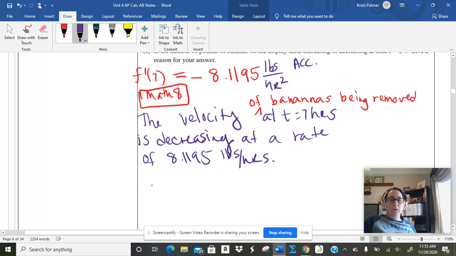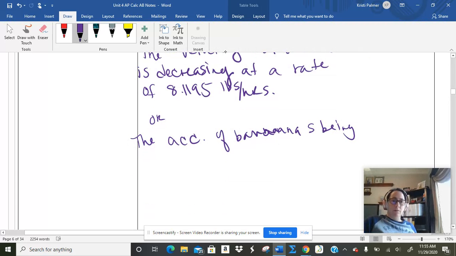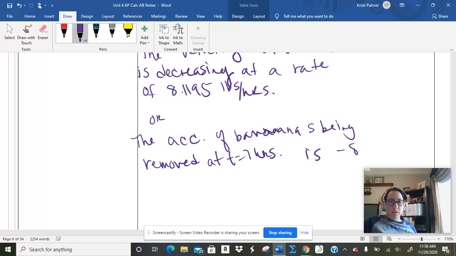Okay, or you could have said the acceleration of bananas. Dang it, I did it again. B-A-N-A-N-A-N-N-A. Of bananas being removed at t equals 7 hours is that guy right there.